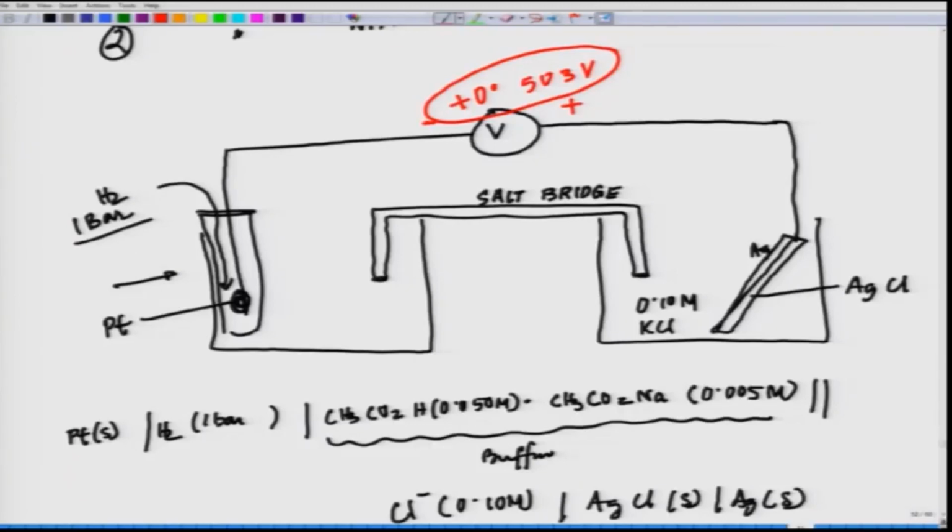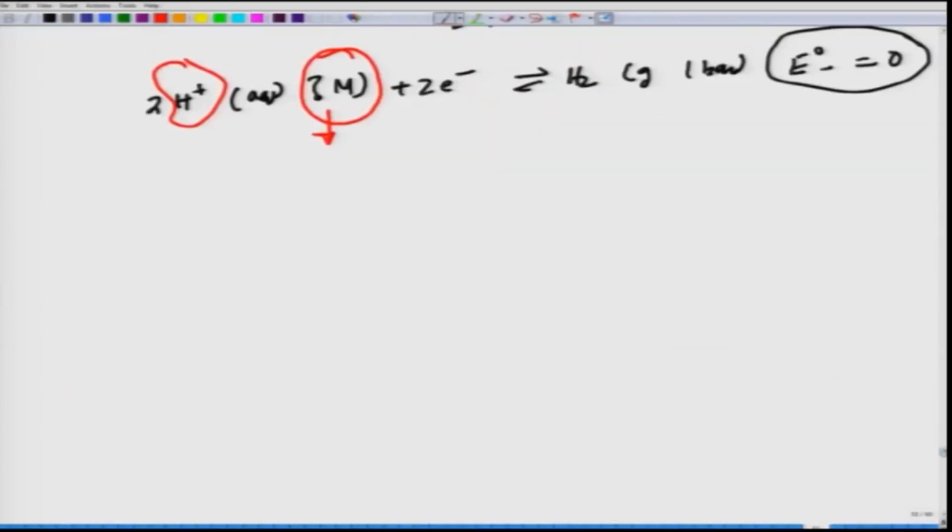So the Nernst equation for the cell reaction: if you write it, E is equal to E plus minus E minus.